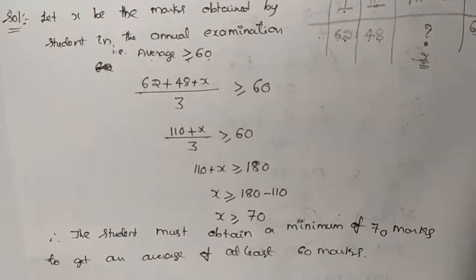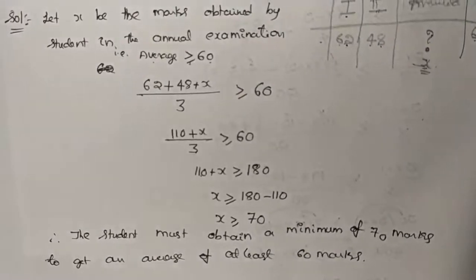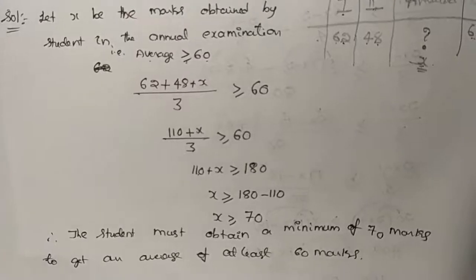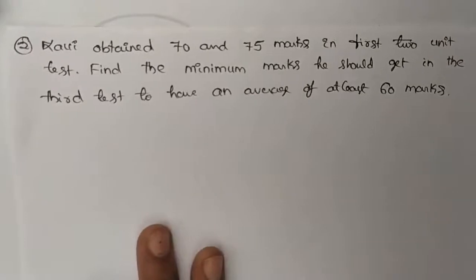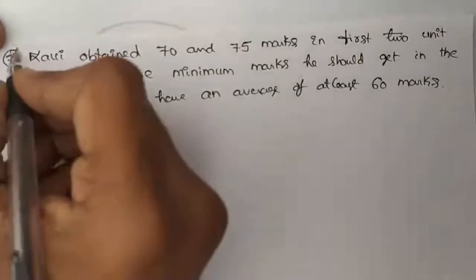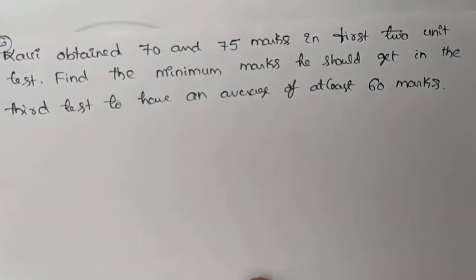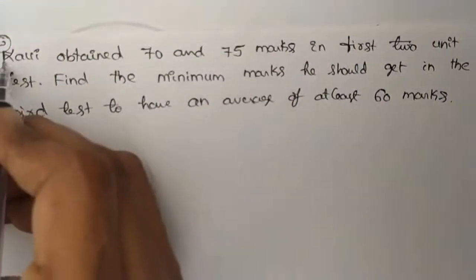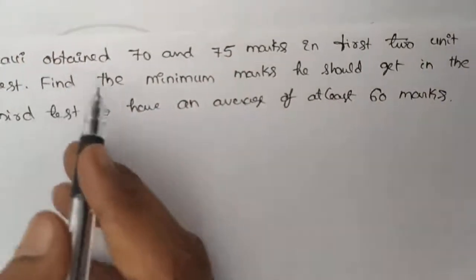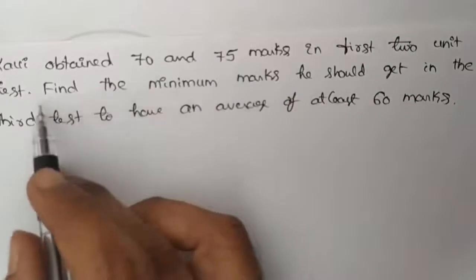Similarly, we have one more question based on this at least scoring. That question will be homework for you. Kindly note down the homework. Ravi obtained 70 and 75 marks in the first two unit tests.